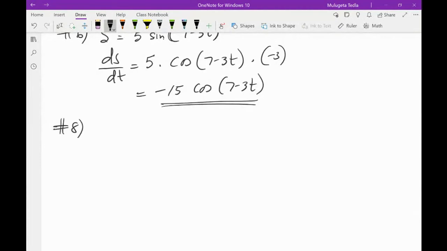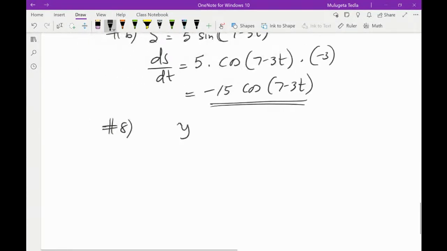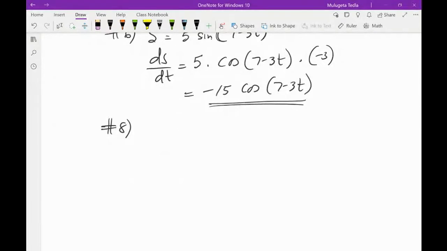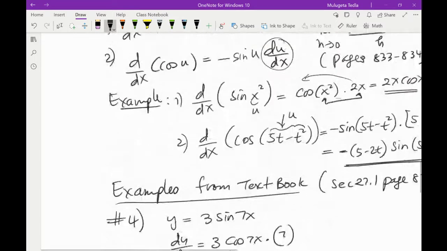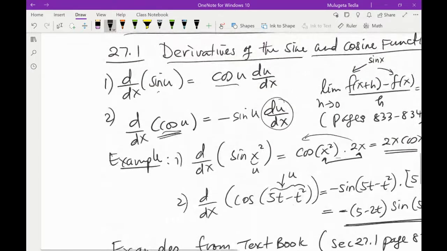Number 8, y equal to cosine of 1 minus x. So dy by dx is, of course, the derivative of cosine, which is minus sine of the angle, right?